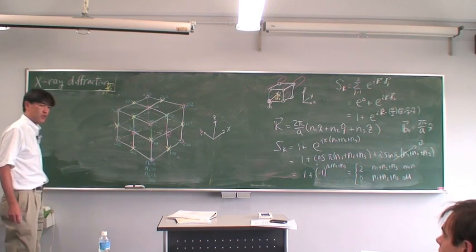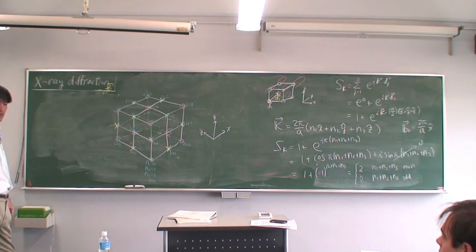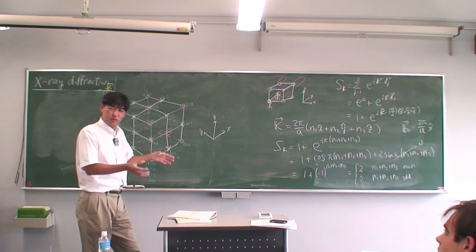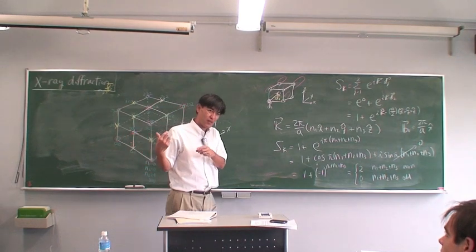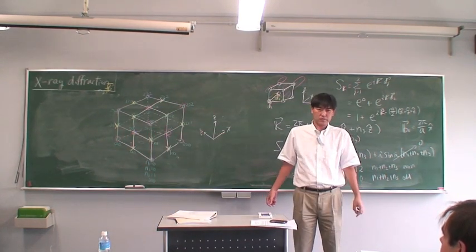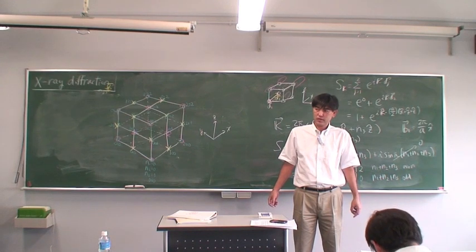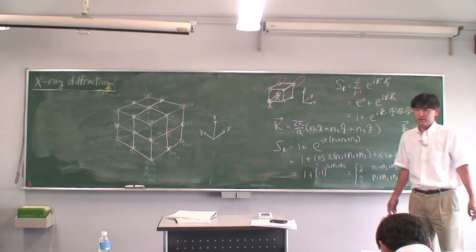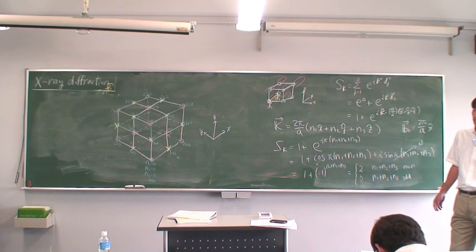What is the structure of the red? It's a face-centered cubic. Remember? The reciprocal lattice of the body-centered cubic is a face-centered cubic. So that's what we get. Everything makes sense.